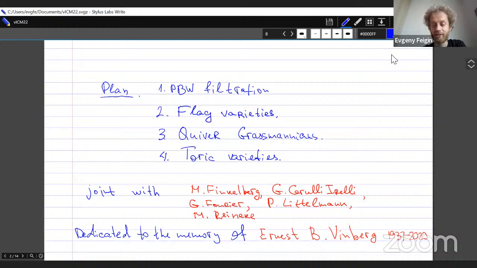Another direction is the link to toric varieties, to the theory of lattice polytopes. Of course, the degeneration of varieties to toric varieties is a popular theme in recent years.